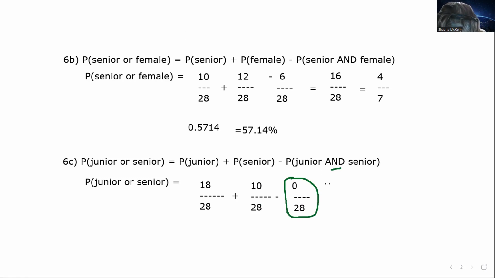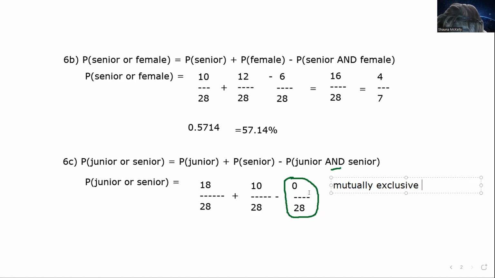So if it's not immediately obvious, because sometimes it's not as obvious as it is here, this means that you have mutually exclusive events. It's not going to change this answer if you write this in, okay? But if you don't want to write this in, you don't have to.